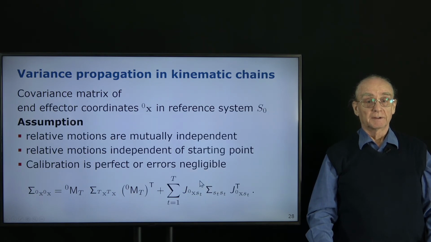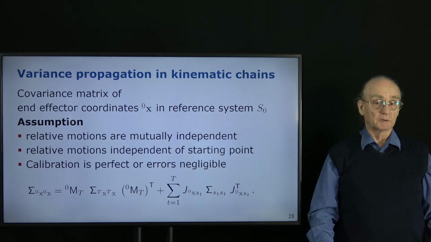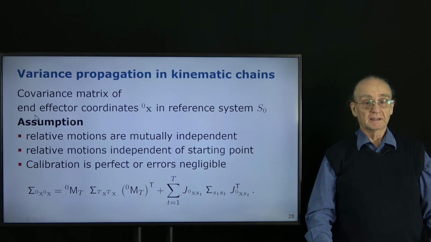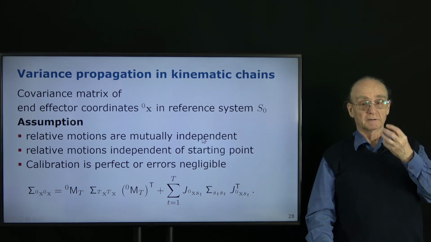Okay, and now what we can do is, of course, the variance propagation, because we now have the Jacobians. So the covariance matrix of the end effector coordinates, the last coordinates x in the reference system x0, can be derived under the following assumptions easily. We assume that the relative motions are mutually independent. That means we have measurements which are independent.